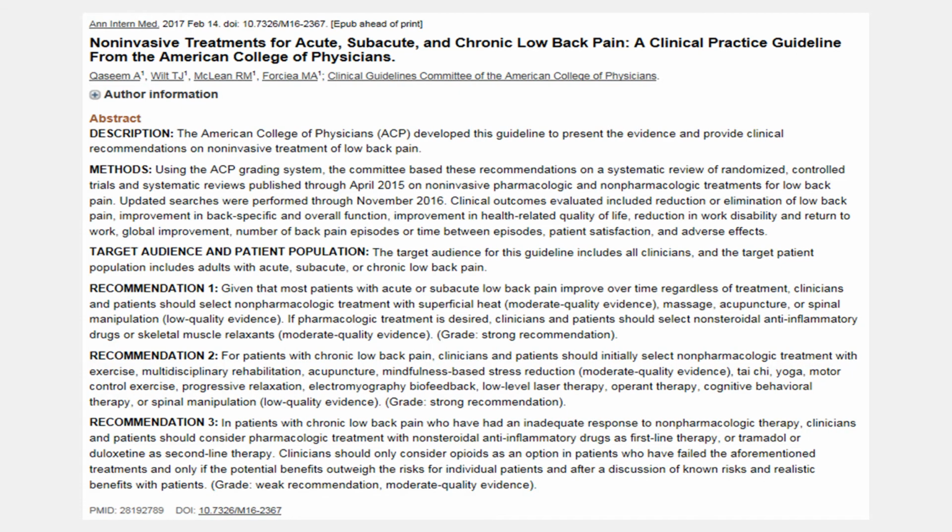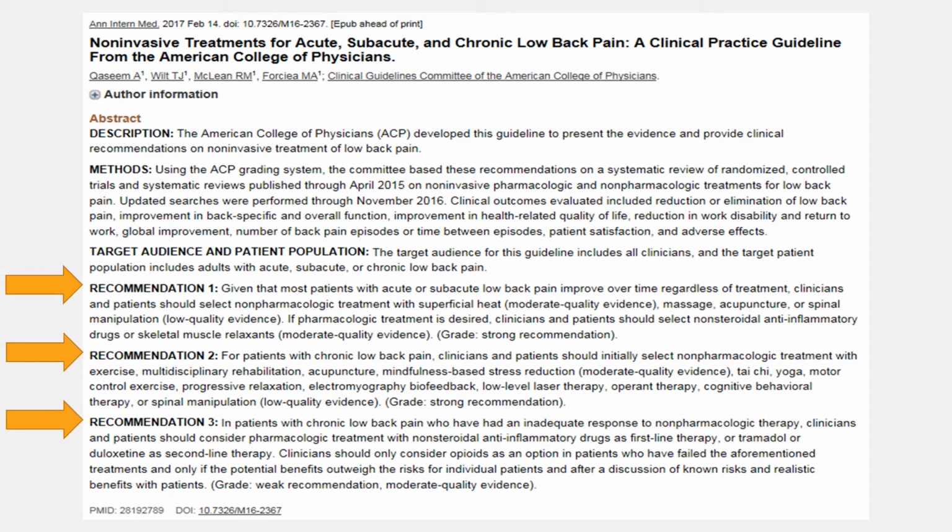Here's an example. Non-invasive treatments for acute, subacute, and chronic low back pain, a clinical practice guideline from the American College of Physicians. So one of the things that will be different when you find practice guidelines, if they don't specifically list it in the title, is that they will give recommendations.